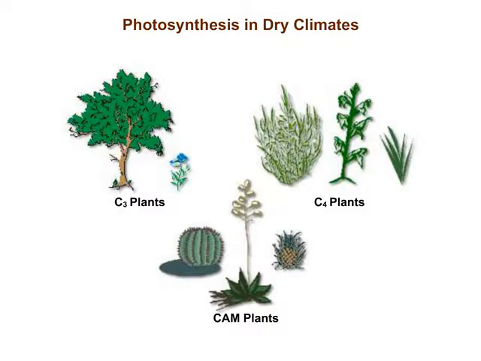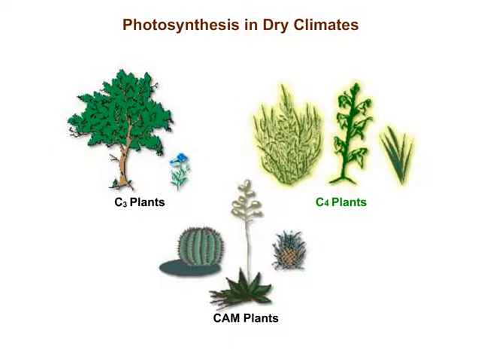To summarize, the primary difference between C3, C4, and CAM photosynthesis is the initial fixation of carbon dioxide. The C3 pathway is the most energy-efficient form of photosynthesis, but losses to photorespiration in warm, dry conditions reduce its efficiency. C4 plants have the advantage in these conditions even though they spend more ATP per molecule of carbon dioxide.